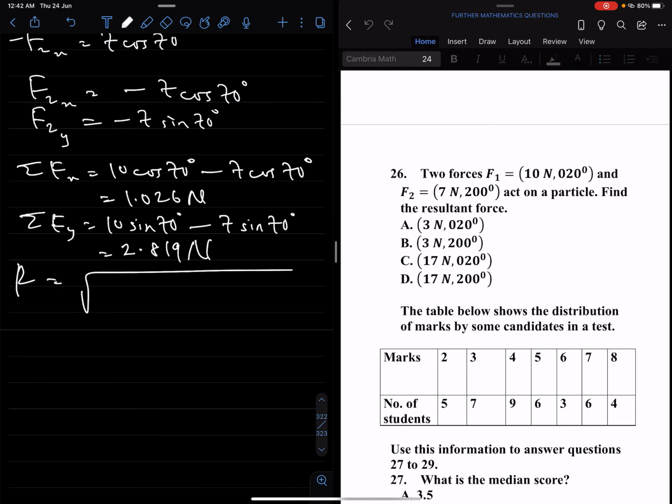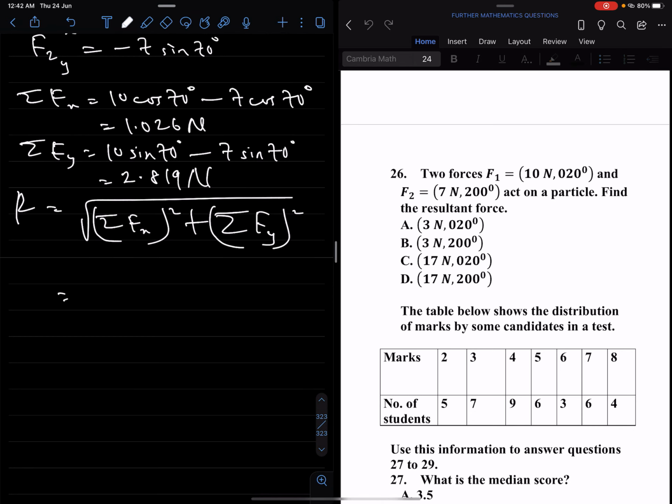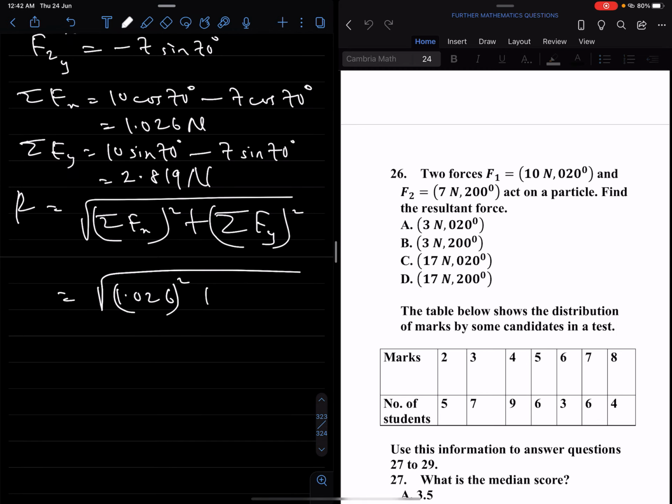So R is therefore the resultant. R is the square root of summation Fx squared plus summation Fy squared, which is the square root of 1.026 squared plus 2.819 squared.